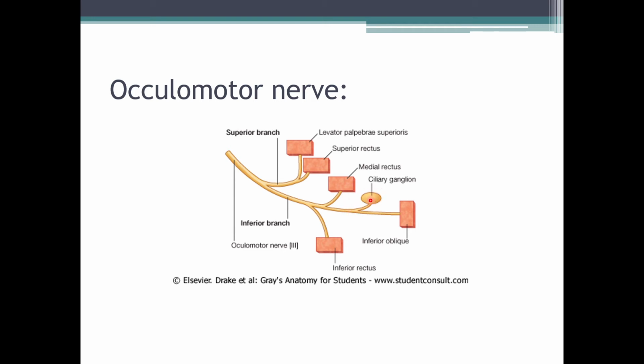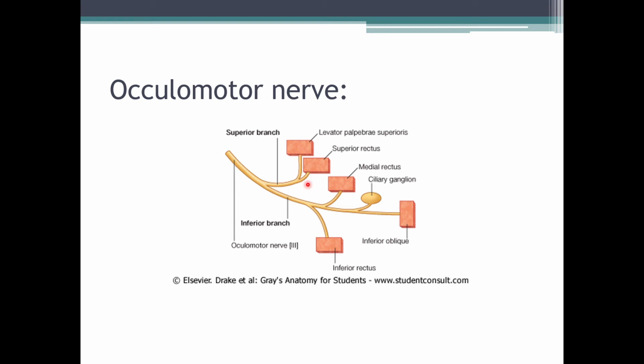All three nerves have a general somatic afferent, because the proprioceptive impulses from all these muscles will be carried by the nerve and presented to the mesencephalic nucleus of the trigeminal nerve. But at this point, just remember that its main functional component is the general somatic efferent. Efferent means giving, from the brain outside.